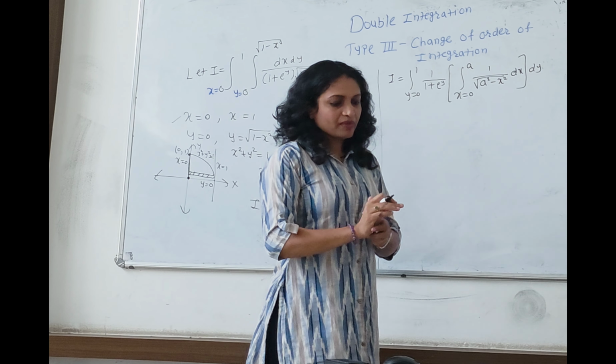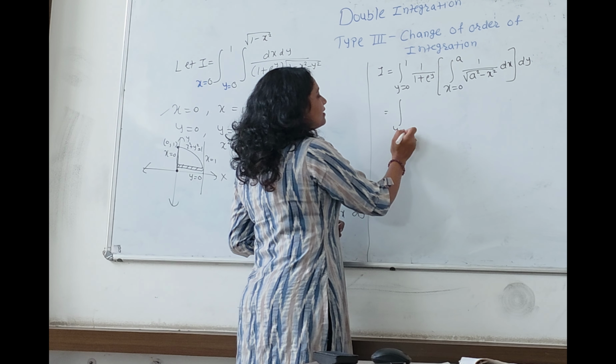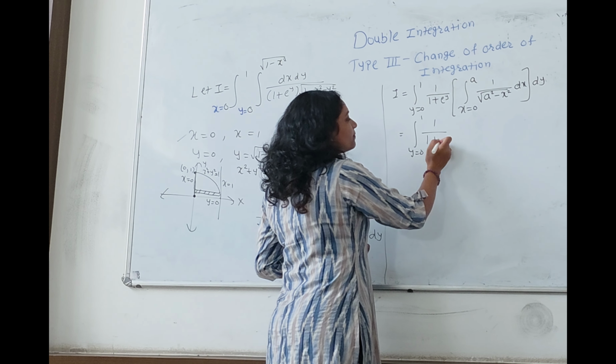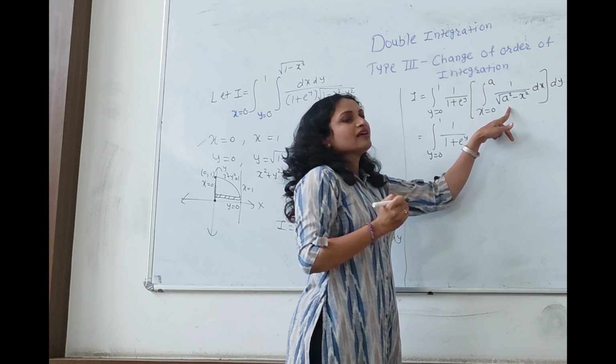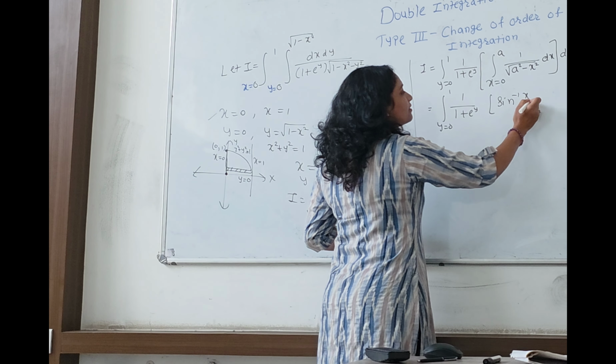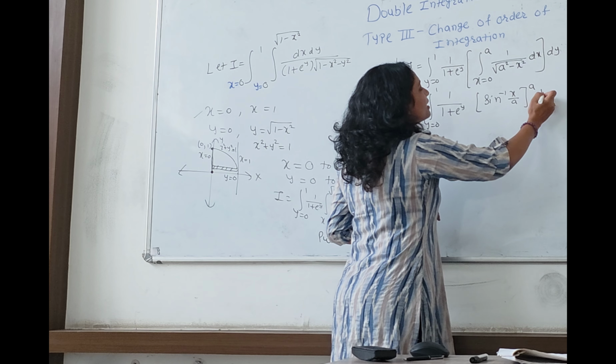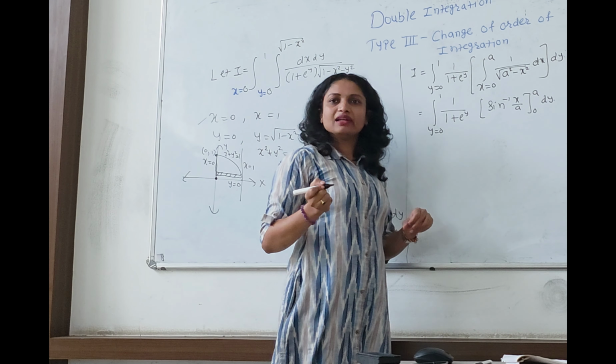What is the integration formula for this? Yes. So y is equals to 0 to 1, 1 upon 1 plus e raised to y as it is. Integration of this will be sine inverse of x by a. Limits are from 0 to a, dy. Put upper and lower limit here.